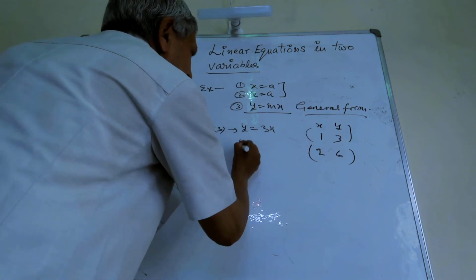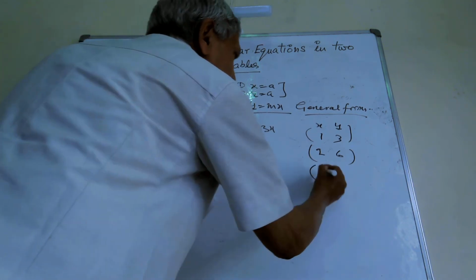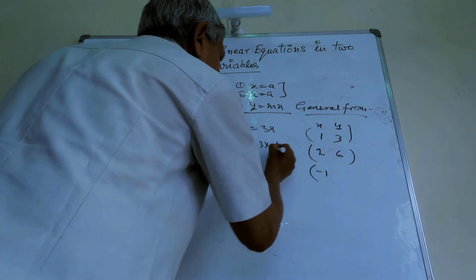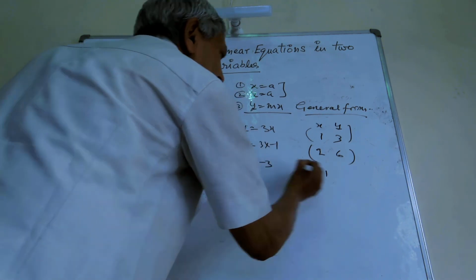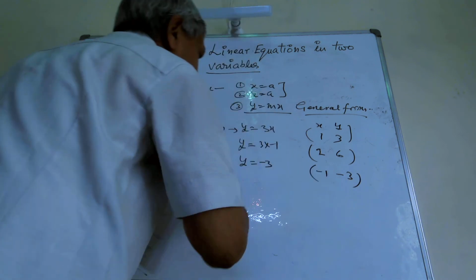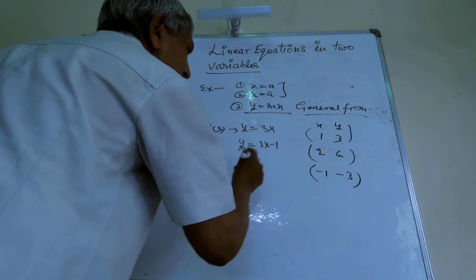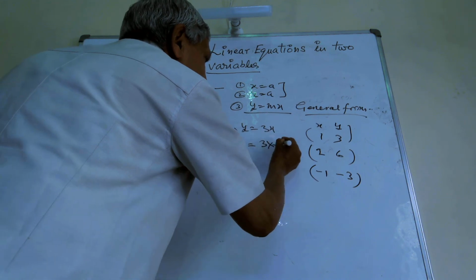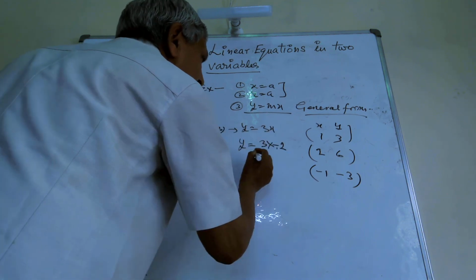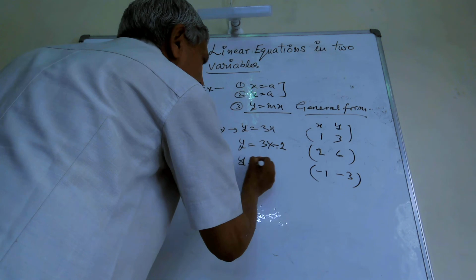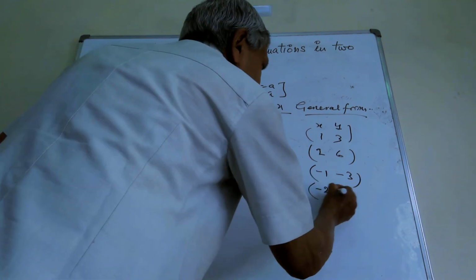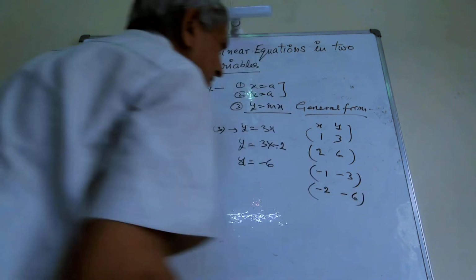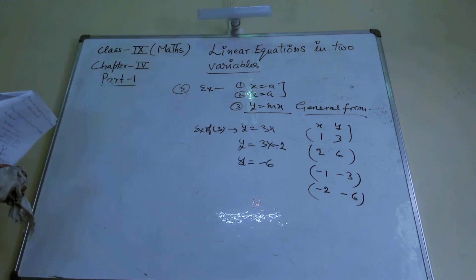Take x is equal to minus 1, 3 into minus 1, y is equal to minus 3. Take x is equal to minus 2, 3 into minus 2, y is equal to minus 6. These are the points of this equation.